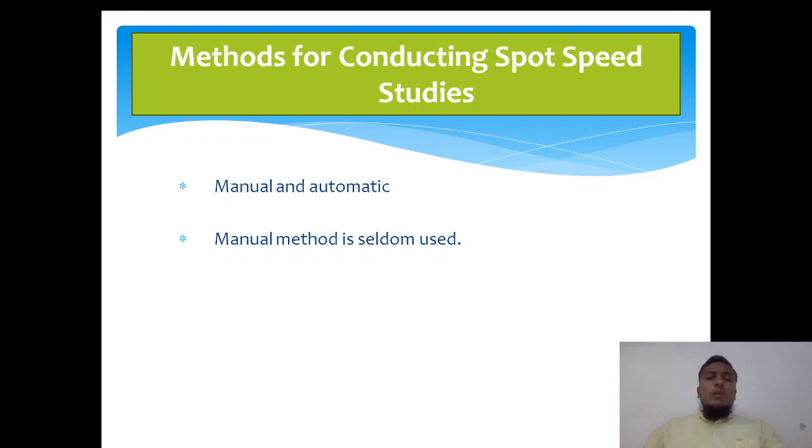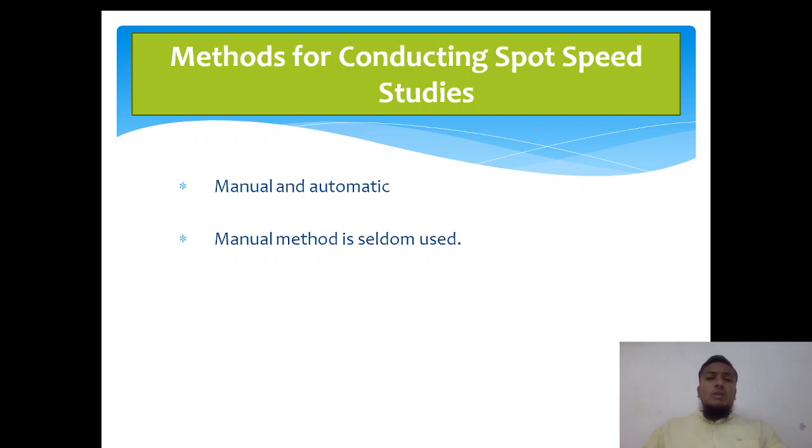So manually, how will you calculate? You know the distance traveled by the vehicle from one point to another point. You know the distance, you know the time. You can easily record the speed of that vehicle.